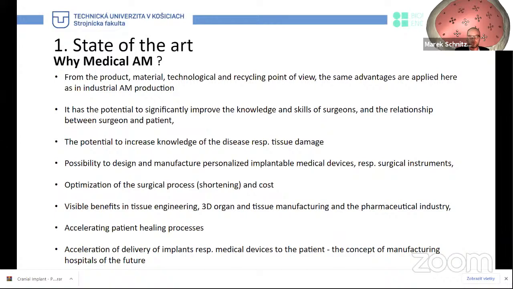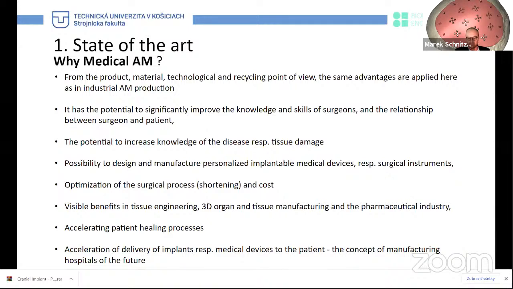Why medical AM? From the product, material, technological, and recycling point of view, the same advantages as an industrial AM production, but we have the possibility to design and manufacture personalized implantable devices, respectively surgical instruments, optimization of the surgical processes.